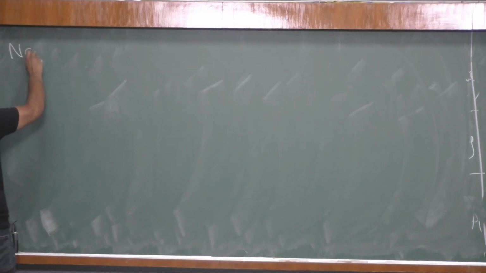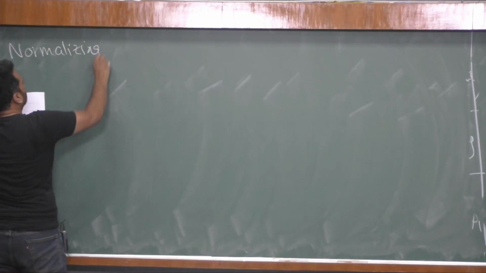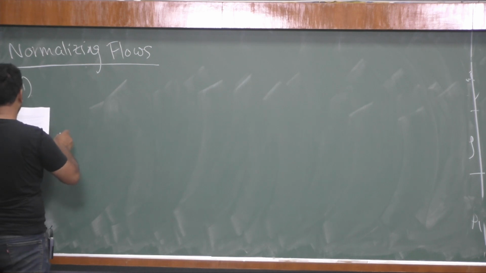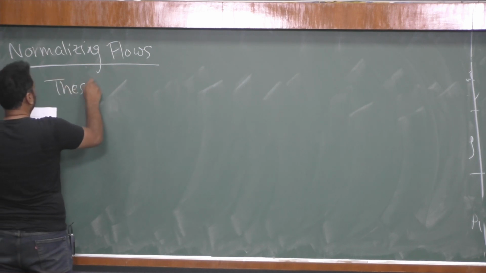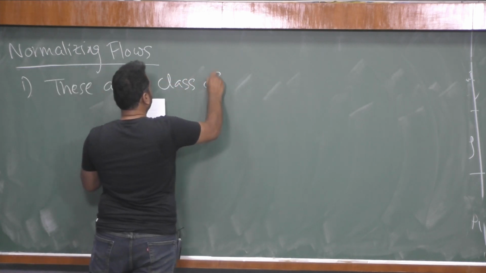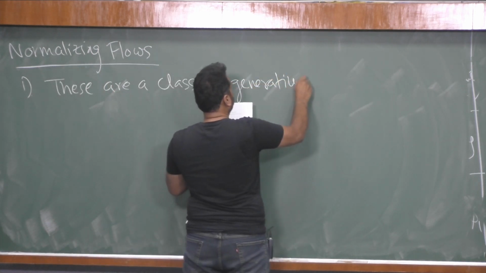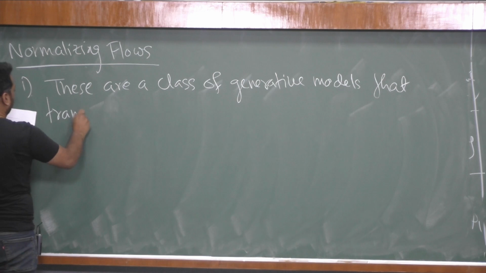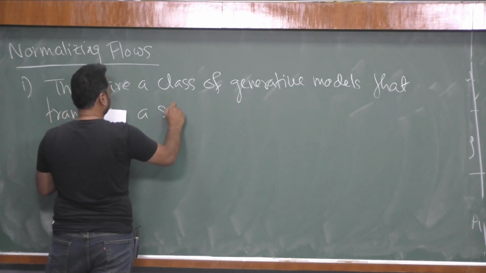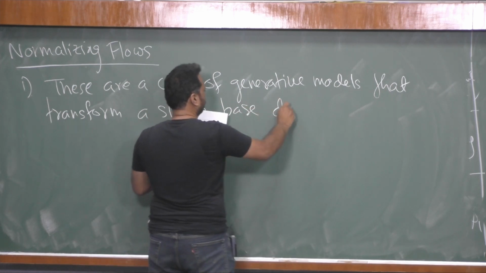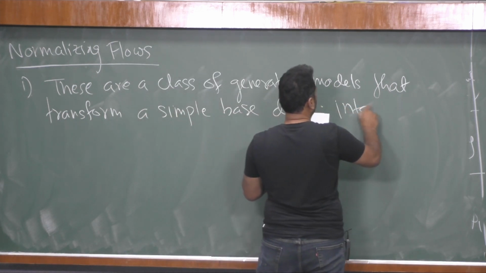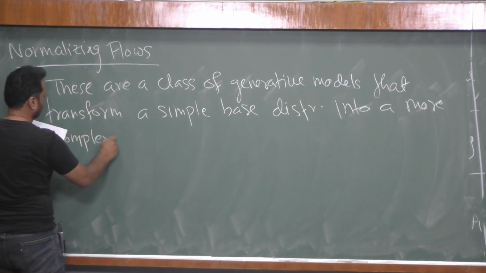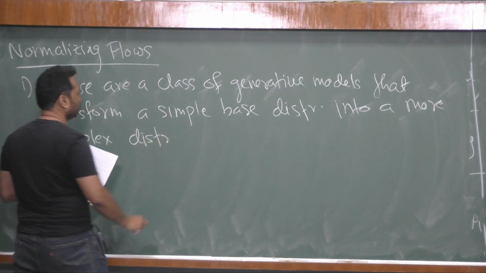Just a few points: normalizing flows are a class of generative models that transform a simple base distribution into a more complex distribution by a series of invertible transforms.